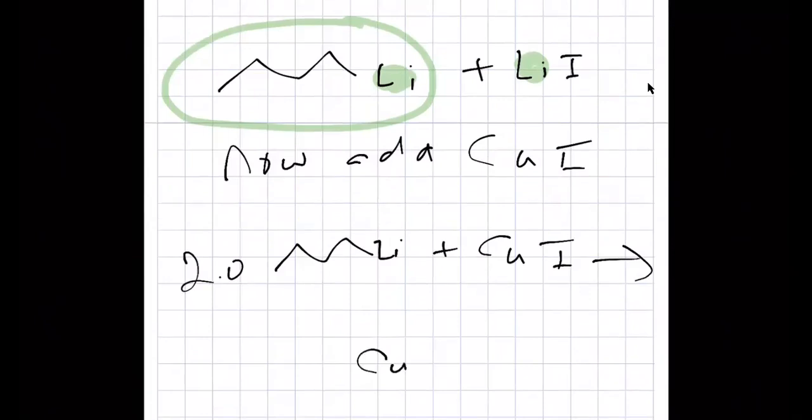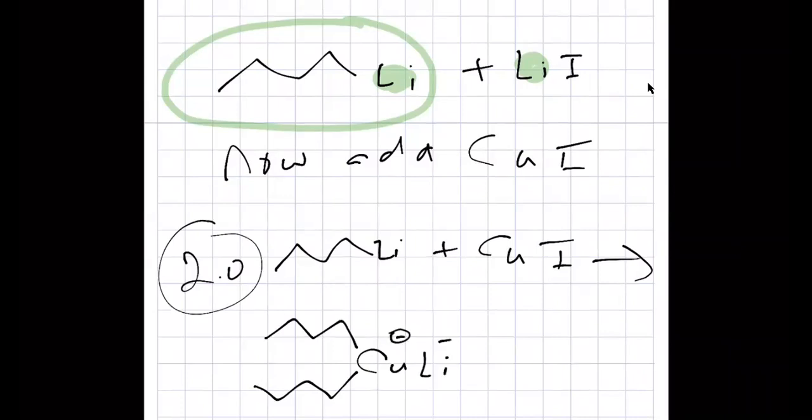So you're going to have 2 of those chains, because you have two of them here. And then copper, lithium. Again, copper is going to be negative, lithium is positive. Plus, the second lithium is going to end up with iodine. And this is also done at low temperature, and in an aprotic solvent, like ether.